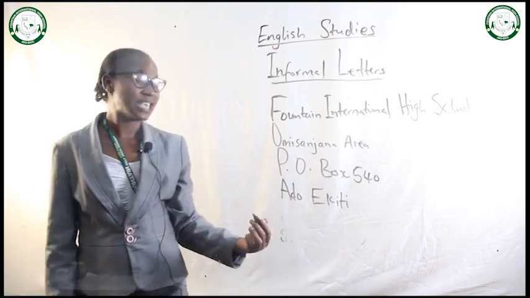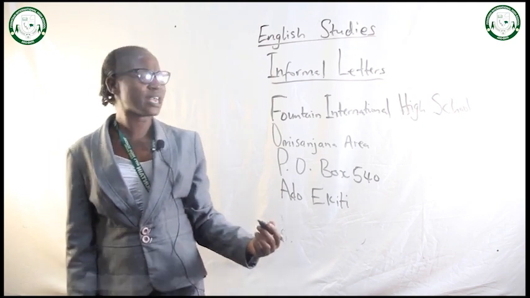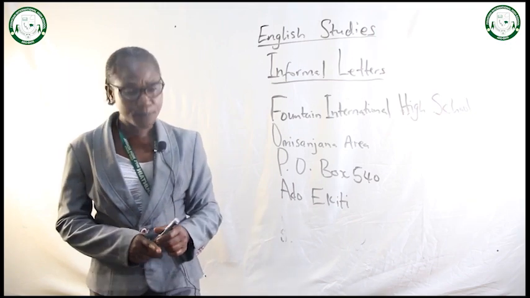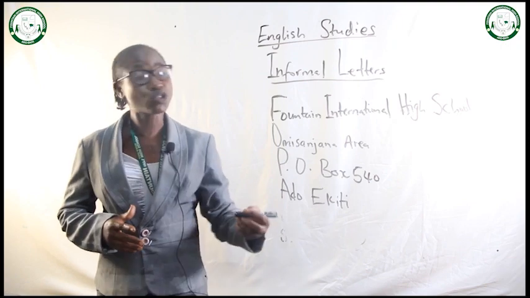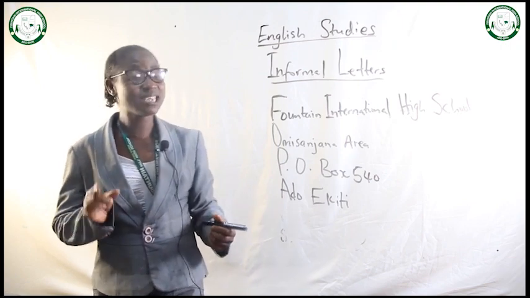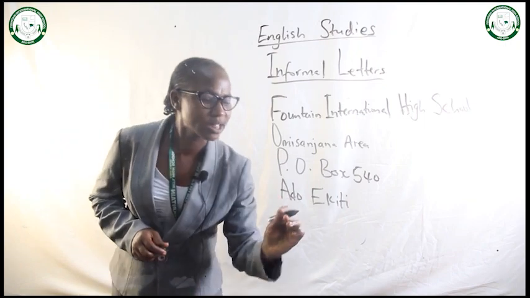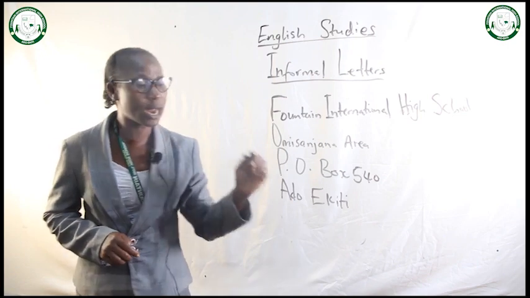After this is the date, as I explained. The new conventional rule says whenever you want to write the date, you give a space of one line before the date. Be that as it may, you could decide not to leave a space of one line since it's still accepted in the WAEC form. But I will be taking that which requires you to give a space of one line.